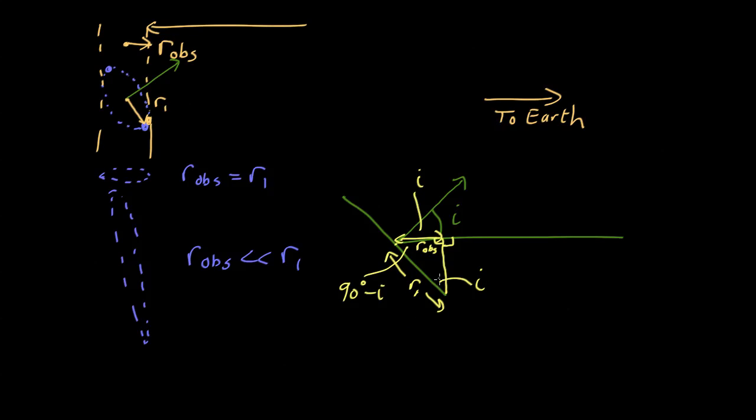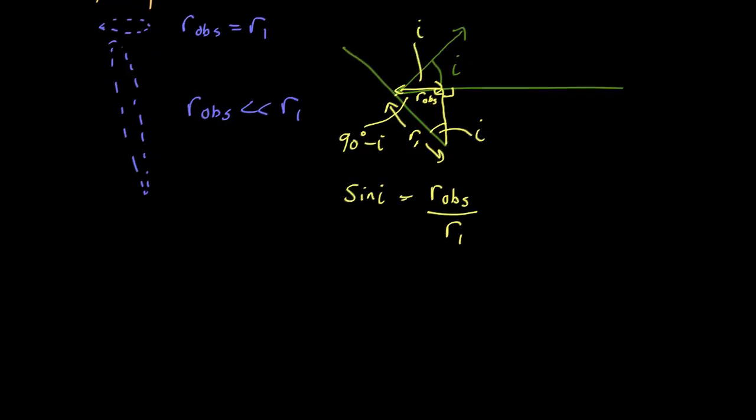So then using trigonometry, if that is I, sine I equals opposite over hypotenuse. Opposite is up here, R observed. Hypotenuse is R1. So that allows us, if we knew sine I, to go from the observed to the actual orbital radius.